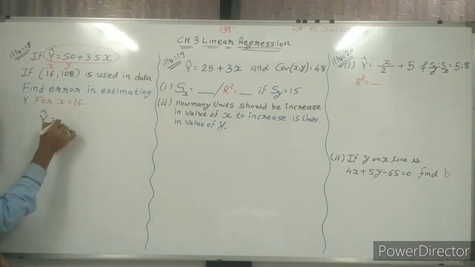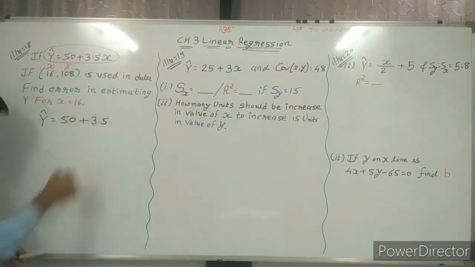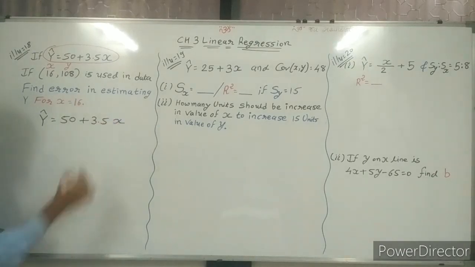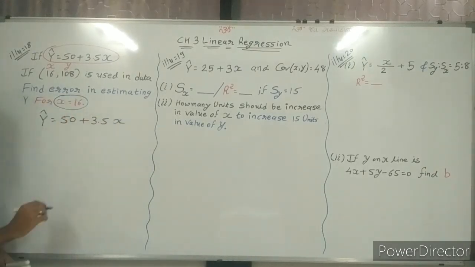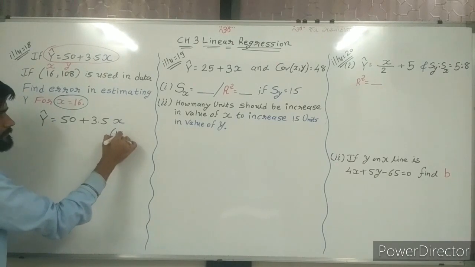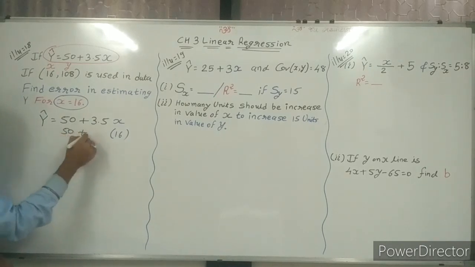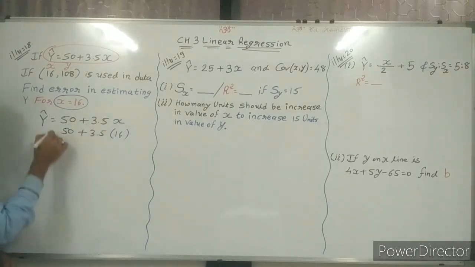Y cap is equal to 50 plus 3.5 into x. Now we need to take x is equal to 16 in this function. So replace x with 16. Remaining values as it is. So 50 plus 3.5 as it is, no change.